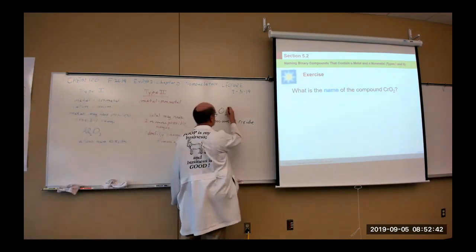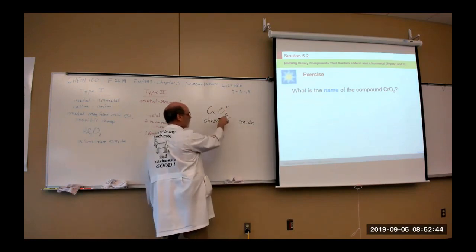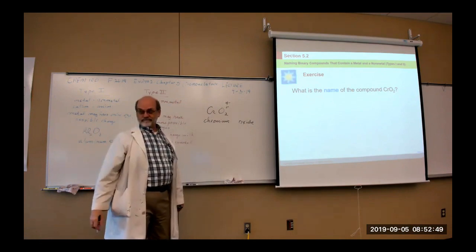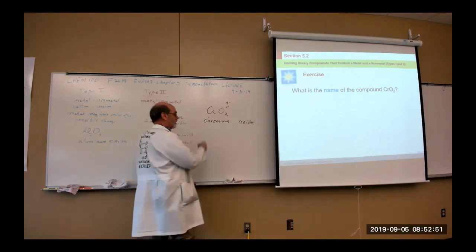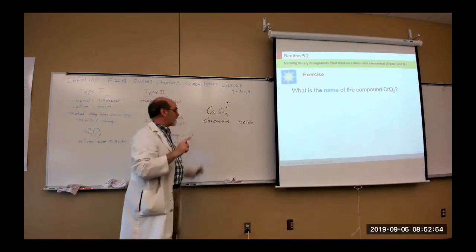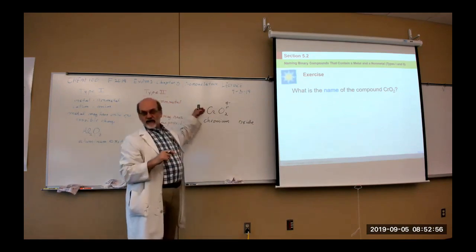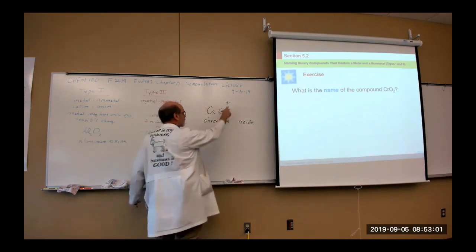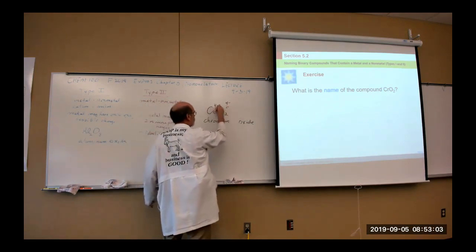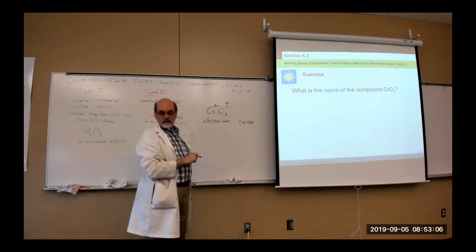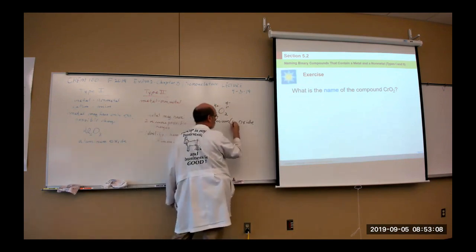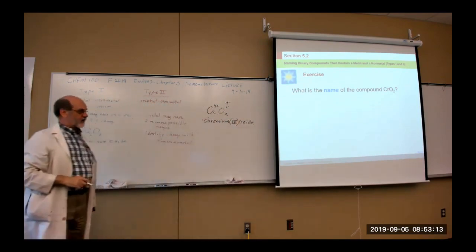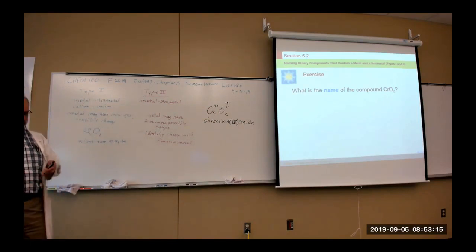Oxide, of course, is 2 minus. So that means a total of 4 minus, right? So we have to balance that. And we only have one chromium to work with because we're given this formula and we can't change it. So with one chromium, we have to balance that 4 minus charge, which means that chromium is 4 plus. Right, so that's the name of the compound, chromium 4 oxide.